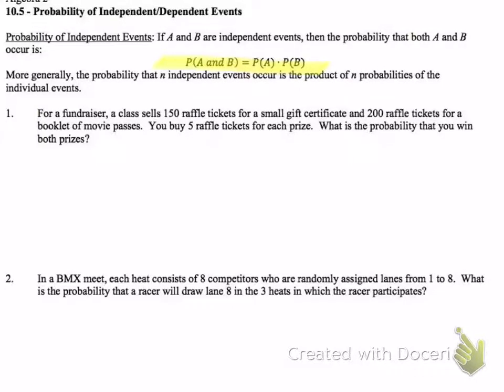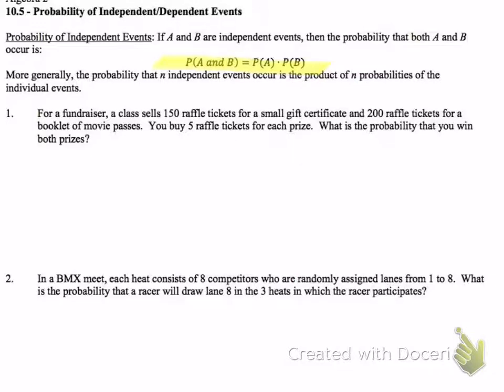You just have to think about the probability of a dependent event. The best example that I can give when you're deciding if it's independent or dependent is drawing cards. If I said, what is the probability of drawing a 10 and then drawing a 7, if I were to replace the card after I drew the first one, if I put it back in the stack, then that would be an independent event.